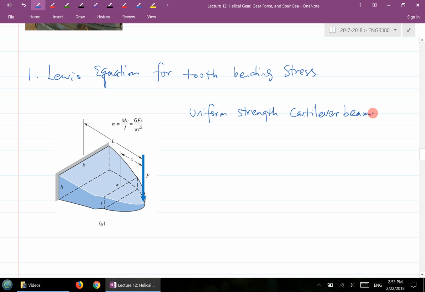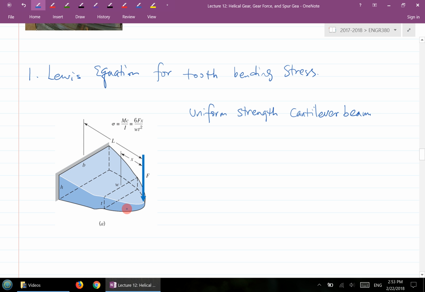Let's take a look at the drawing here. Here's a beam, and you have a force applied at one end of the beam. Now for this beam, if you cut a cross section anywhere, you're going to end up with a rectangular cross section.